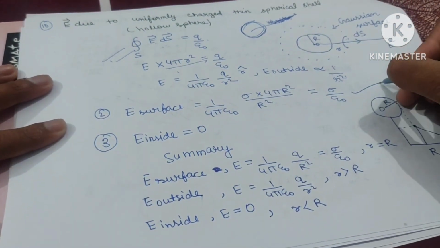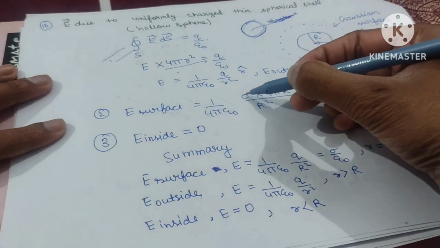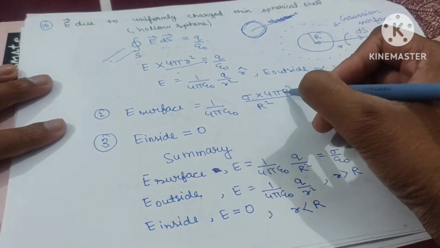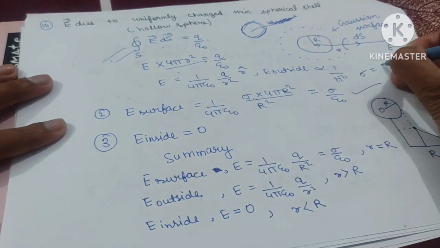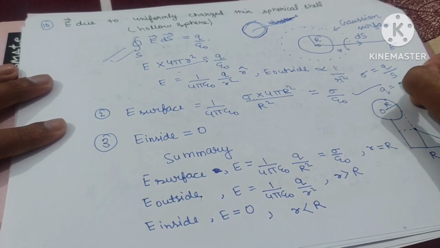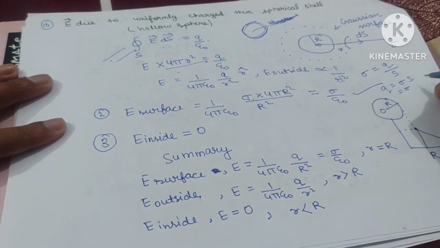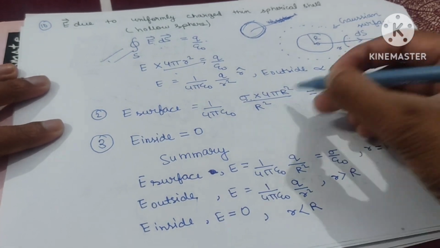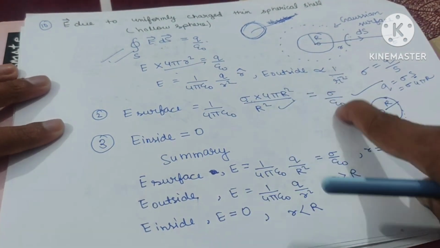And we're taking it for the 2D figure, so that's why it is this. We know sigma is equal to q by A or q by S, and q is equal to sigma into S, and S is the area, so 4 pi r square. That is why here is 4 pi r square and epsilon naught.